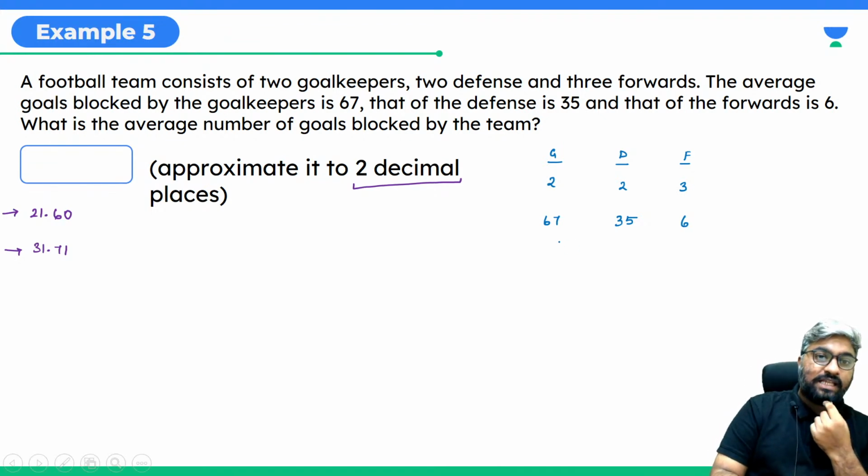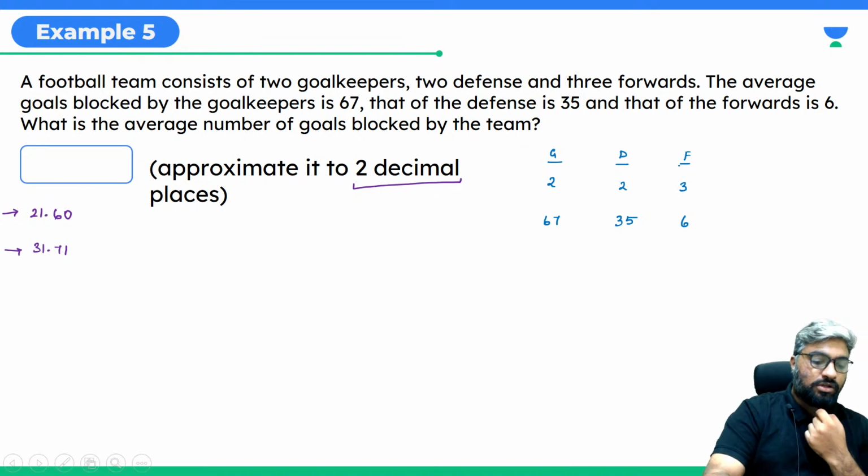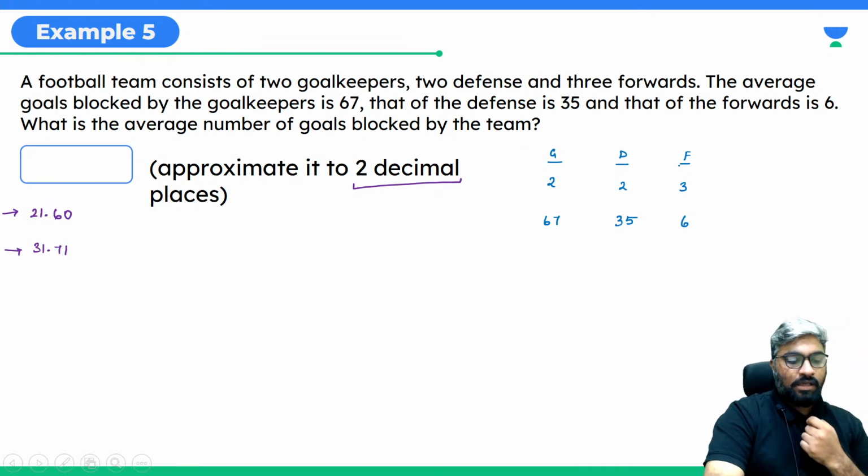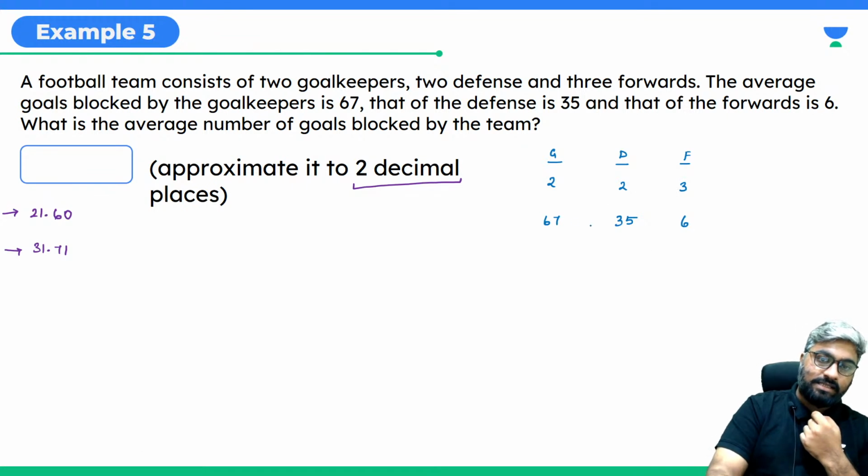So to find out the average goals of the entire team, if you do 67 plus 35 plus 6, which is equal to 108, divided by 3, which is 36, this is wrong.